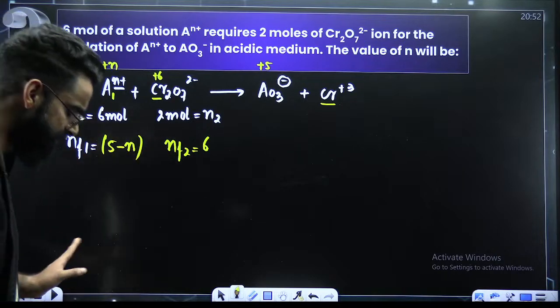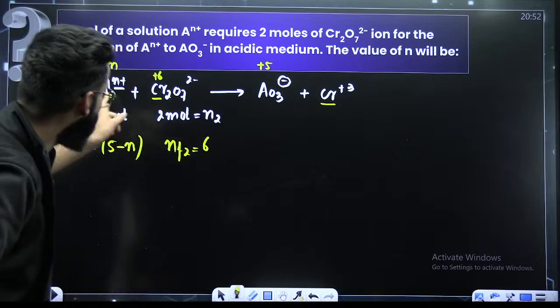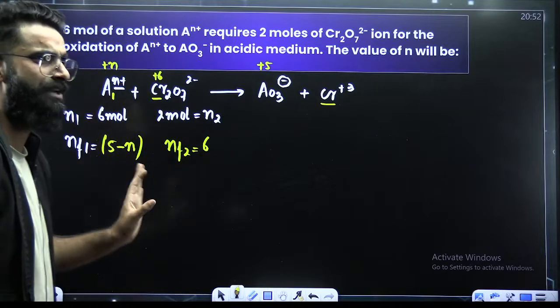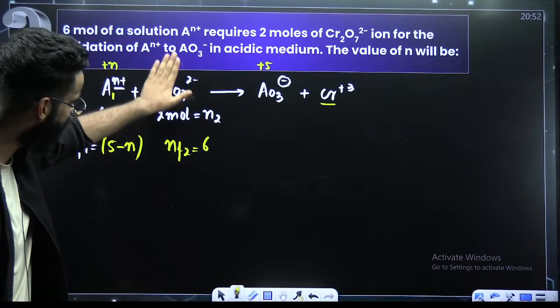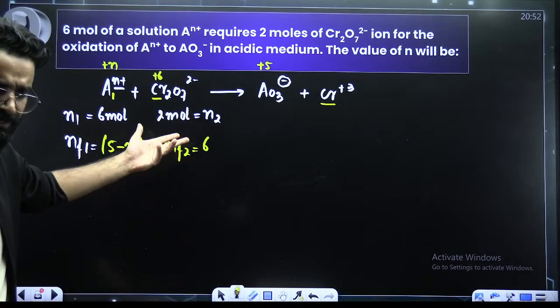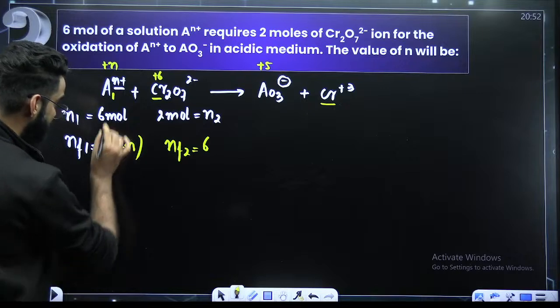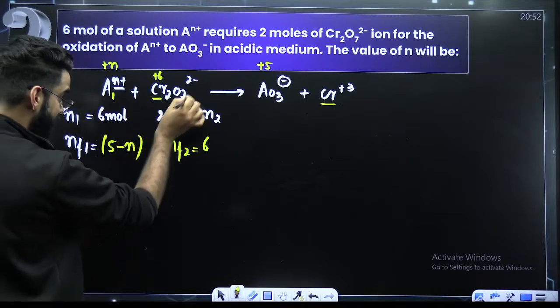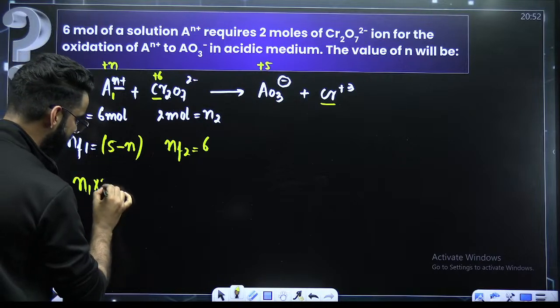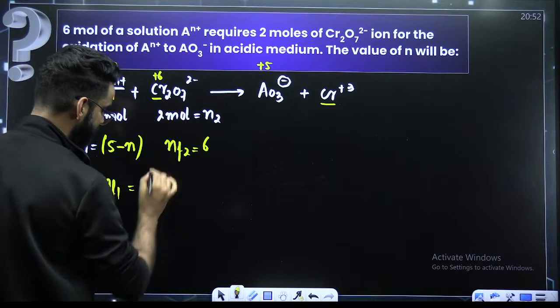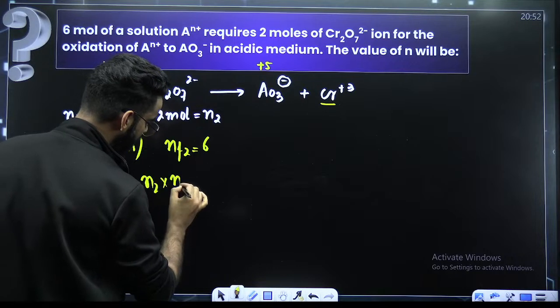Since I got their N factors, and since these two are reacting, I can use the equivalent concept. I can say the gram equivalence of this reacted has to be equal to the gram equivalence of this reacted. Gram equivalence of A n+ will be N1 multiplied by N factor 1, and gram equivalence of this will be N2 multiplied by N factor 2.